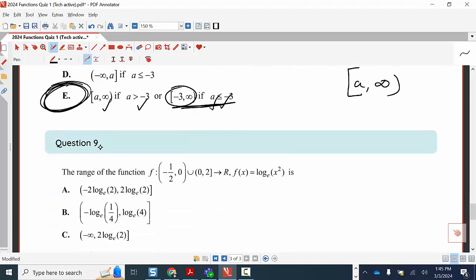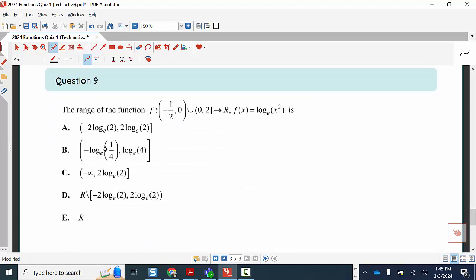We didn't include this one here, but what they want is the range of the function, so I'll do it anyway. You just need to know something about the standard log function. The standard log function looks like this. The rule on logs is you can't log a negative number, but what this function does is if you feed it a negative number, it turns it into a positive number.